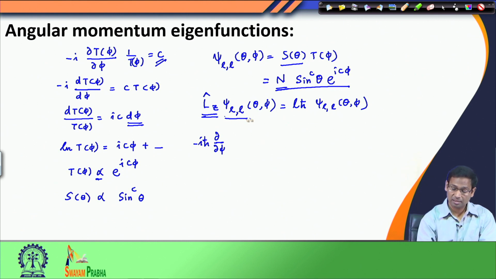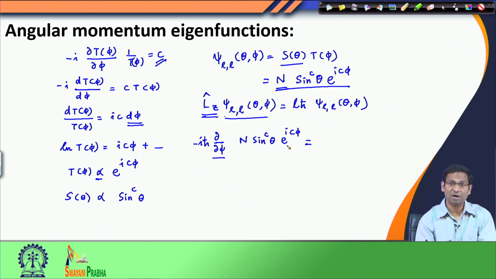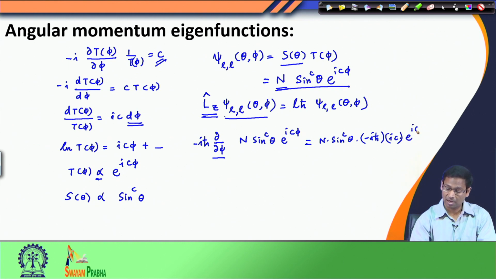When I apply this functional form of the Lz operator on this form of psi L L that I just got, I see this is a partial differentiation with respect to phi alone. So, the theta term and this N term will go out, and I would have N sine to the power c theta, minus i h bar, and now I am differentiating e to the power i c phi with respect to phi. So, I have i c and e to the power i c phi.